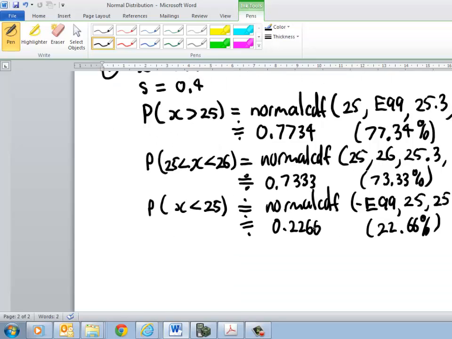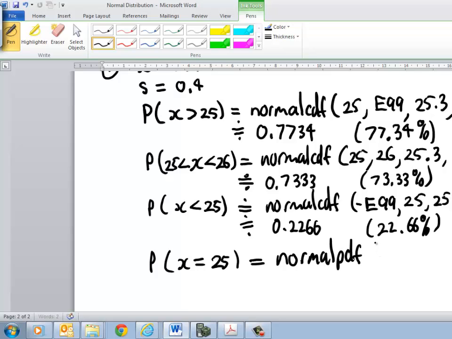Just to show you the other one. What would be the probability that x is in fact equal to 25? Okay, so if we had a particular value we had to be equal to, that's when we use our normal PDF.